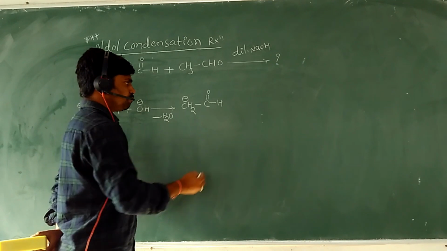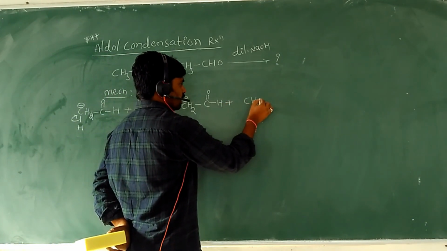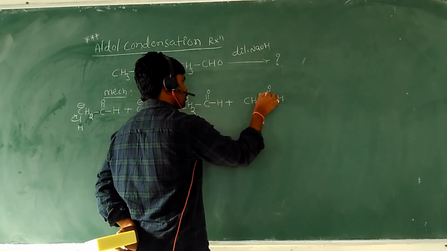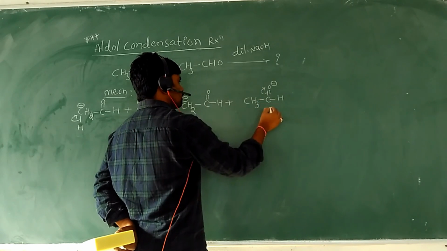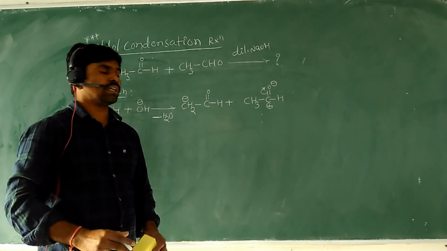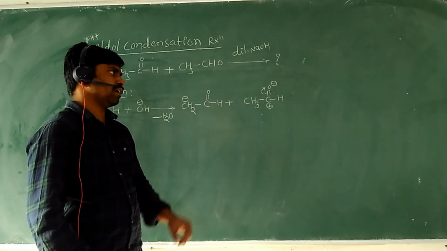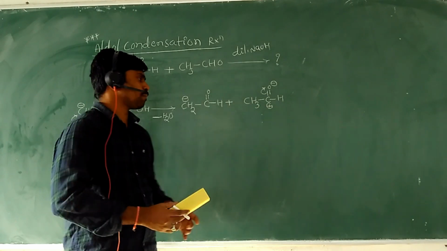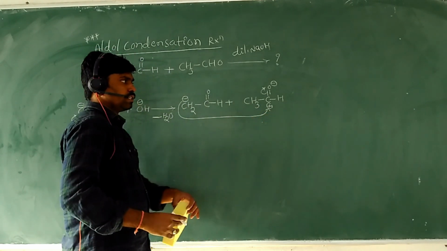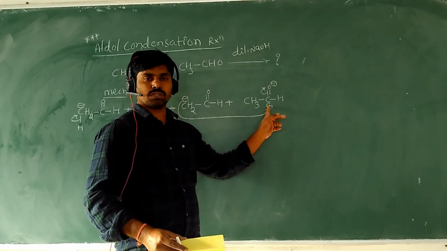Now this carbanion once again reacts with another mole of the aldehyde like this. When the pi electron shifts to the oxygen, the carbon becomes positive because of the higher electronegativity of oxygen. So this carbanion bonds with this carbon, which has the positive charge.